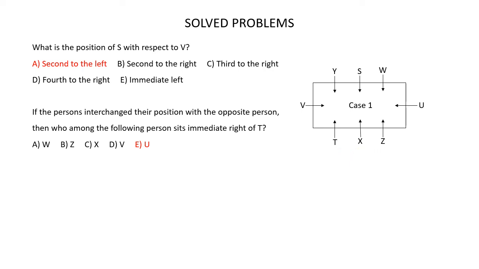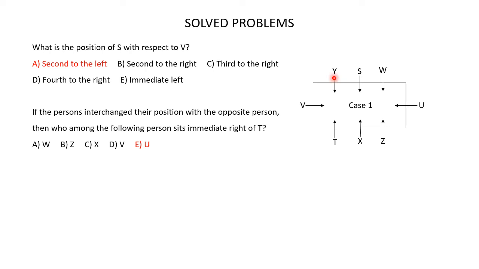So T will move to this position. Similarly, X will move to this position and Z will move to this position. Similarly, U and V will interchange their positions. So U will sit here and V will sit here. So now we have T in this position.